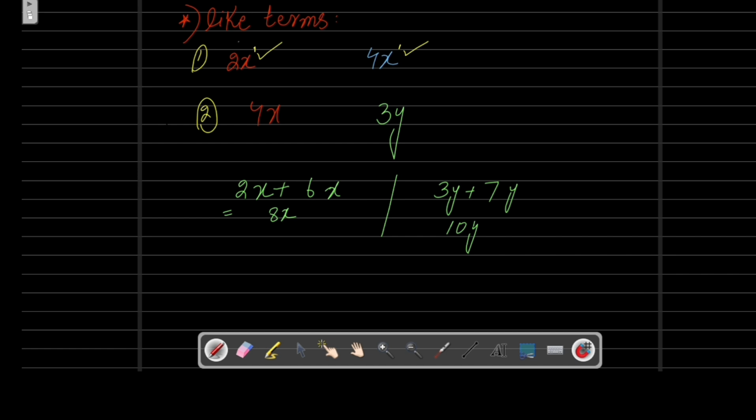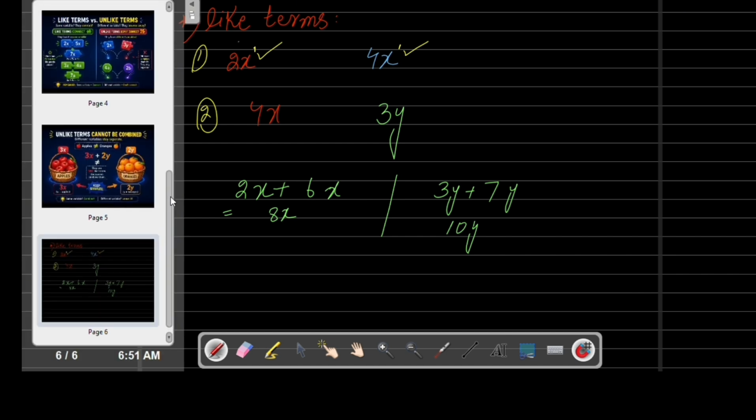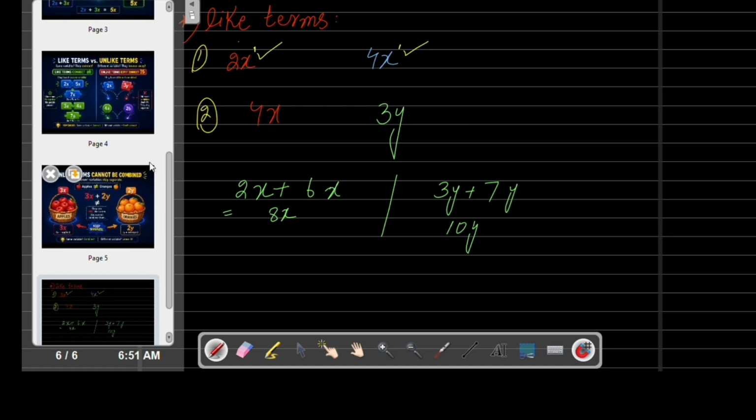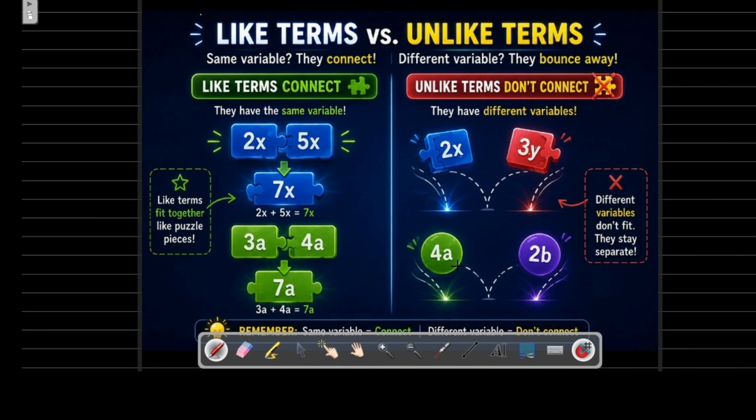I have another picture for you guys so that we better understand. You can see that the terms which have the same variable part are attracting and the terms with different variable parts are bouncing away from each other. This is the concept of unlike terms and these are the like terms.